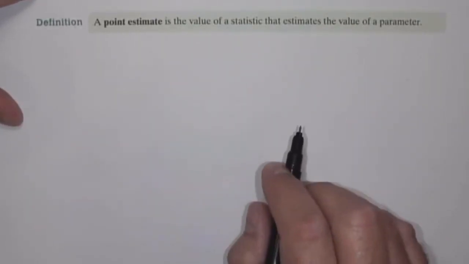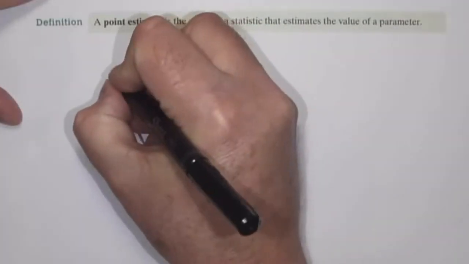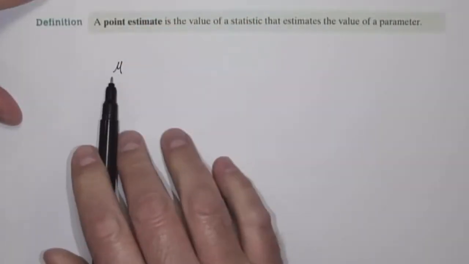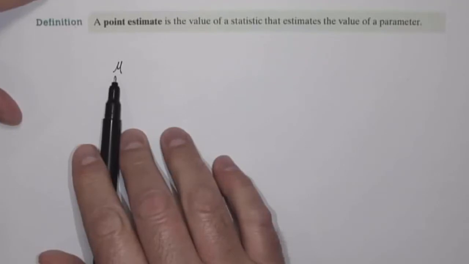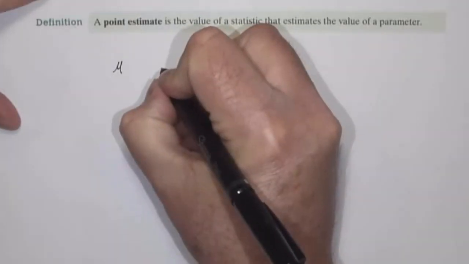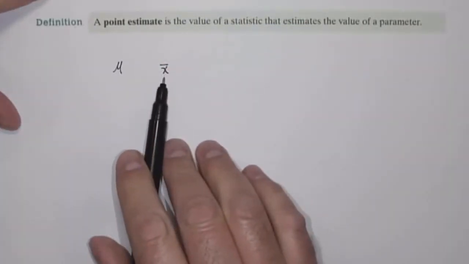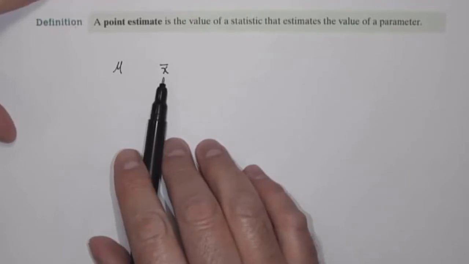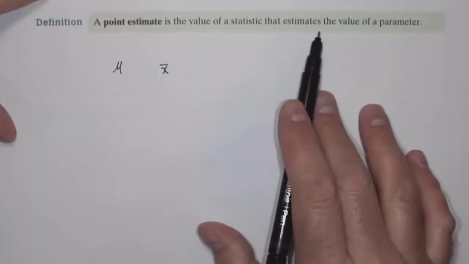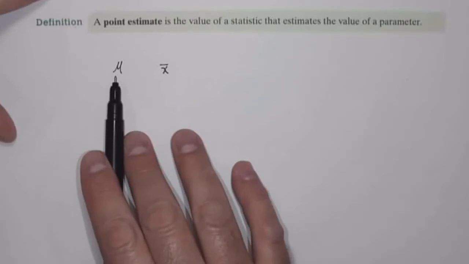So for example, if we want to know what the population mean is, then the statistic that we would use as the estimate would be the corresponding statistic. So X bar would be the statistic that we would use as the point estimate of the parameter, of the mean.